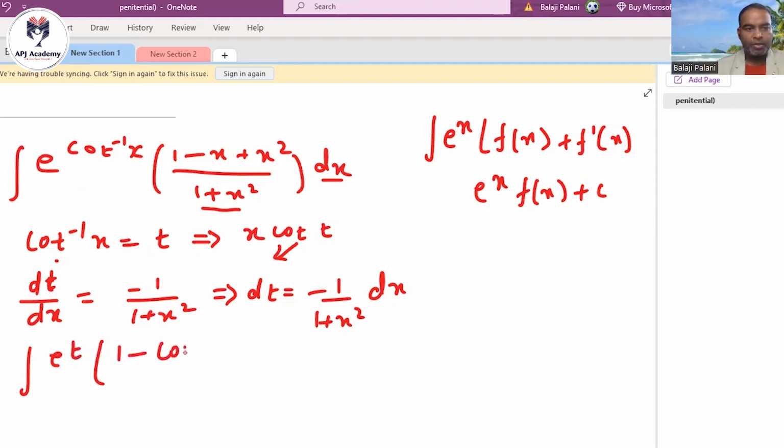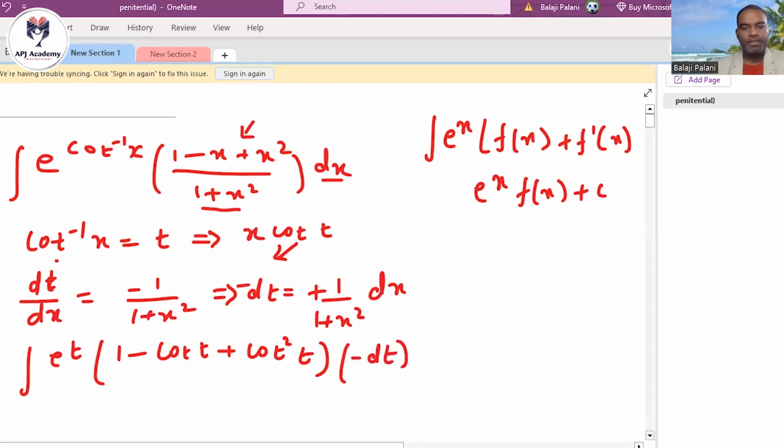X is nothing but cot t, and x square is nothing but cot square t, right? We convert all the x terms in the question into t terms, and dx by 1 plus x square we saw is minus dt, right? Flipping the minus sign to the other side, it is minus dt. So you will just write minus dt here.